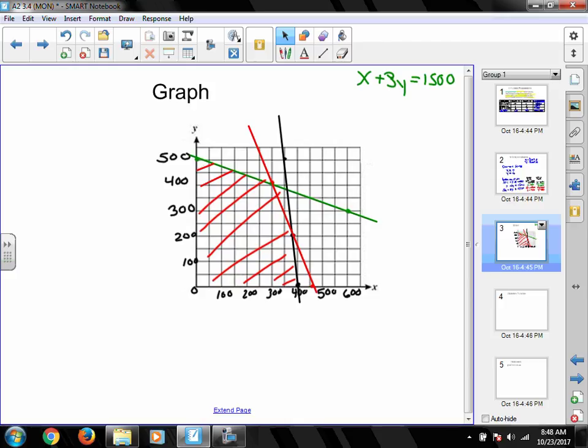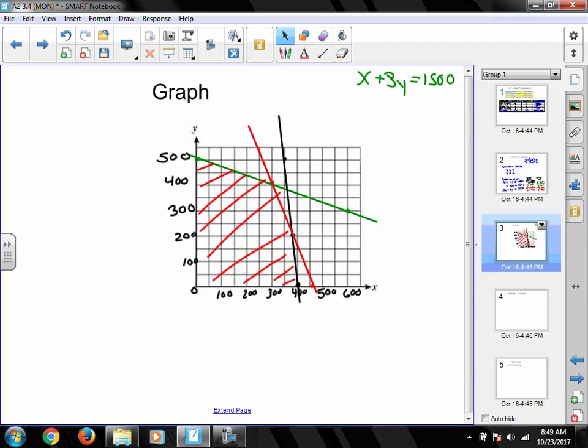So if I start with x plus 3y is equal to 1500, that had an intercept that was not nice for us. That ended up with x at 1500. Our graph goes up to 650. Again, I labeled by 50s, labeling every other one just to make my graph a little neater. Makes it a little easier for us to read later on down the road.